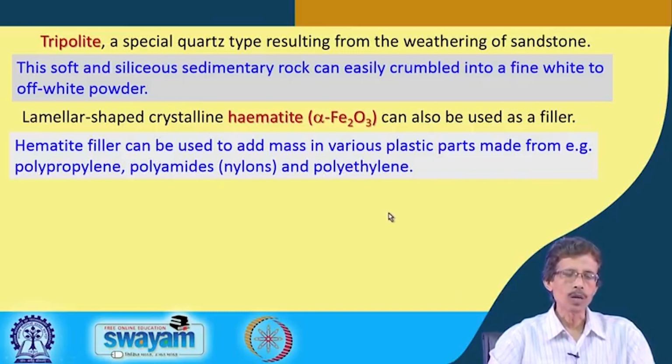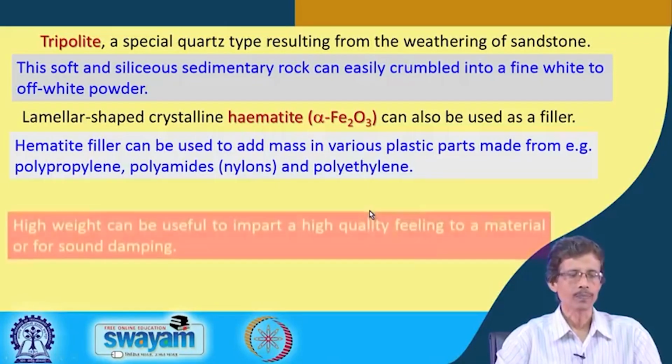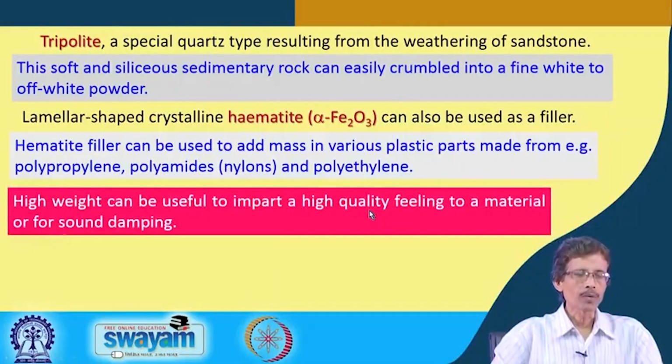So for the polymer industry also, we should know what that inorganic material is and how we can add it for giving the shape and structure of these different polymeric materials. Then apart from your light material, the high weight material can be useful to impart a high quality filling to a material for sound damping also.